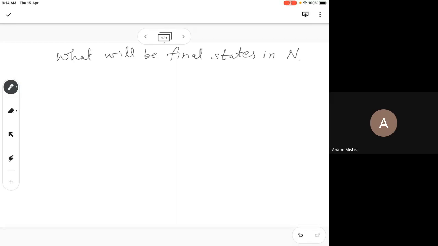Yeah. So it is the set of final states of N1, let's call it F_N1, union F_N2. So this is the final states of N1 and the final states of N2. So the union of final states of N1 and N2, that's the final state set.